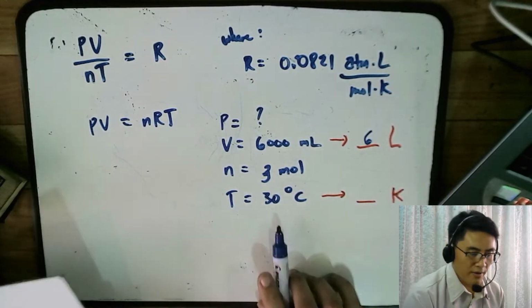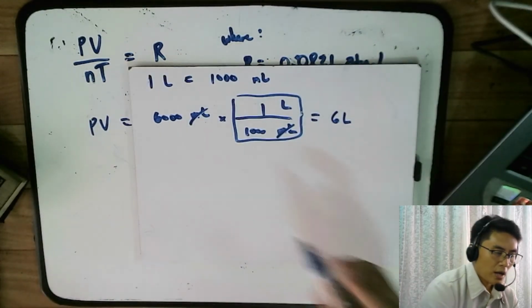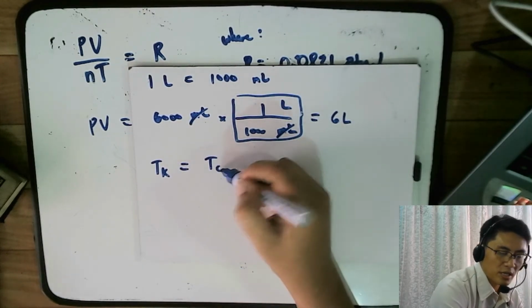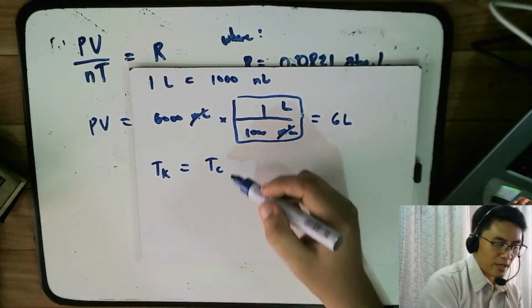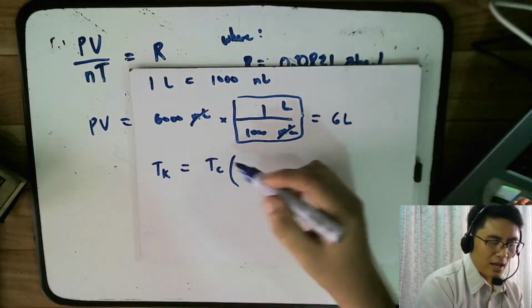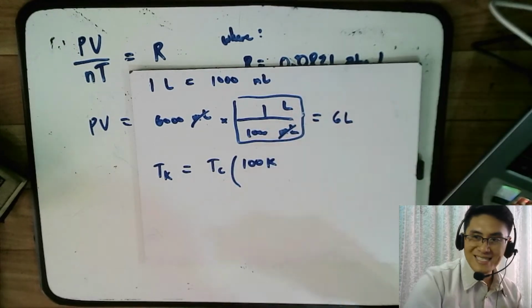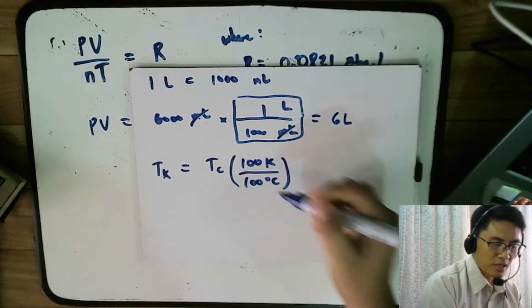Right? And then now the temperature, which is 30 degrees Celsius. So I know that temperature in Kelvin should be equivalent to temperature in Celsius. And again, there are plenty of ways to do this, but I can do this by converting, and again, saying that for every 100 steps of Kelvin, there are 100 steps also in Celsius.